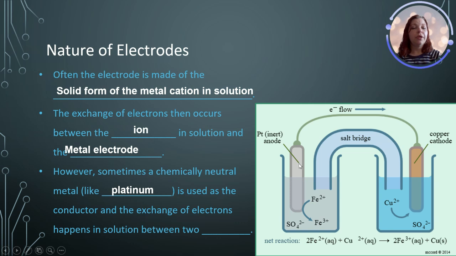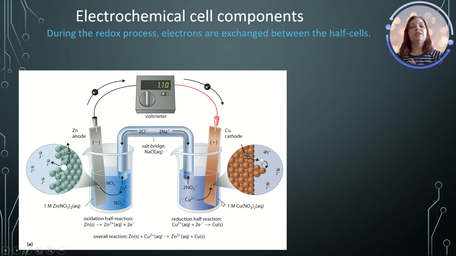The electrons can still travel through this metal, but the metal itself is not participating in the reaction. In this case, you can see that we have iron 2 that's being oxidized to iron 3. And then over here, we have the situation we're used to where copper 2 is reduced to elemental copper.